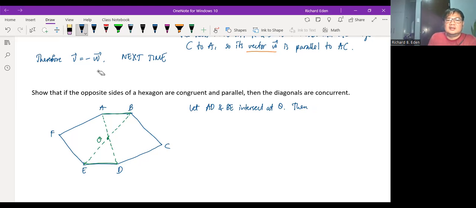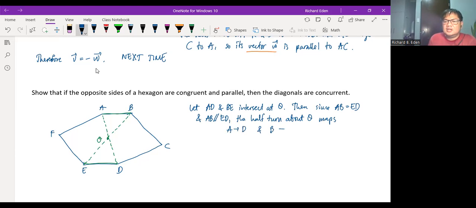Then since AB equals ED and AB is parallel to ED, the half turn about O maps A to D and B to E. Okay, so our goal is to show that the diagonals are concurrent.